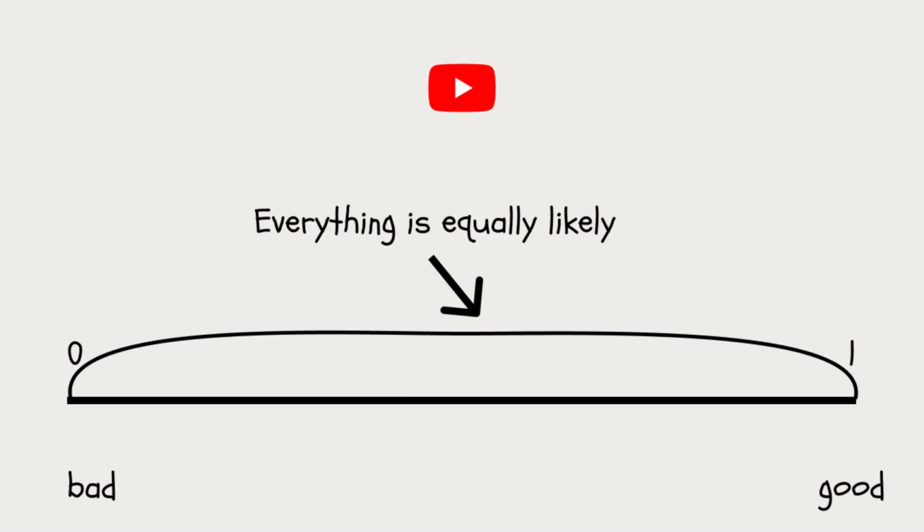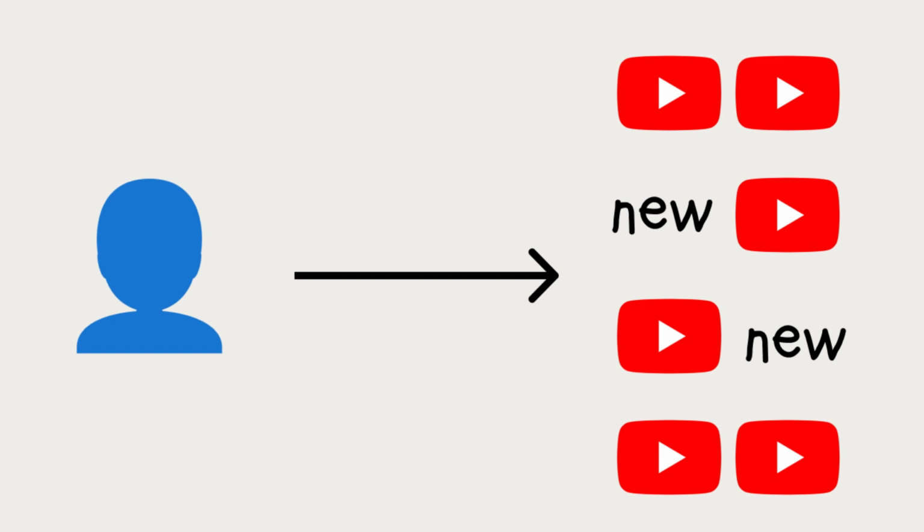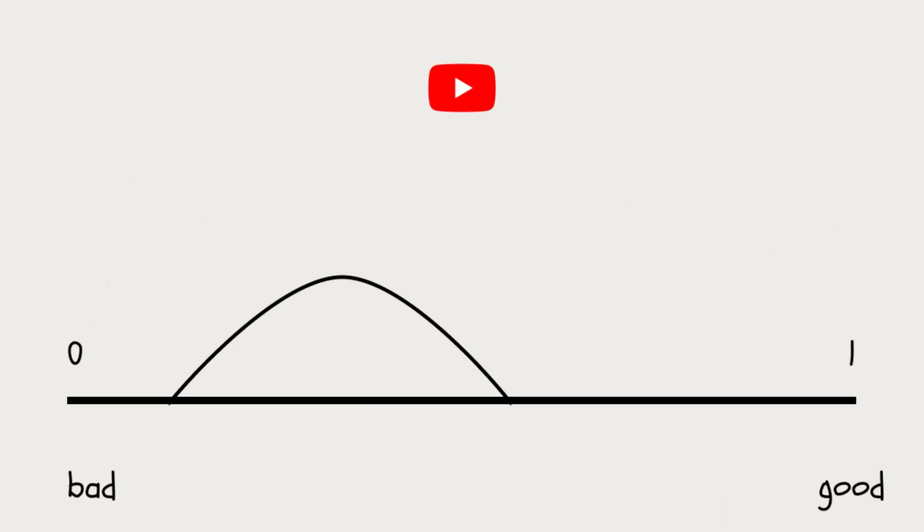But for the videos we are unsure about, it will be totally random. Sometimes it might give us 0.1, other times it might give us 0.99. That means that we will once in a while show a new video, but mostly still just show the videos we know are good. And then the more we learn about a video's quality, the more the quality score will center around where it deserves to be.